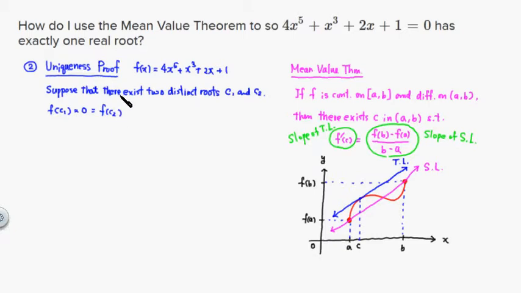Well, actually, I'm not very organized. Maybe I can use roots a and b, that makes a little bit more sense. First root is called a. Second root is called b. So let's do that, a and b.